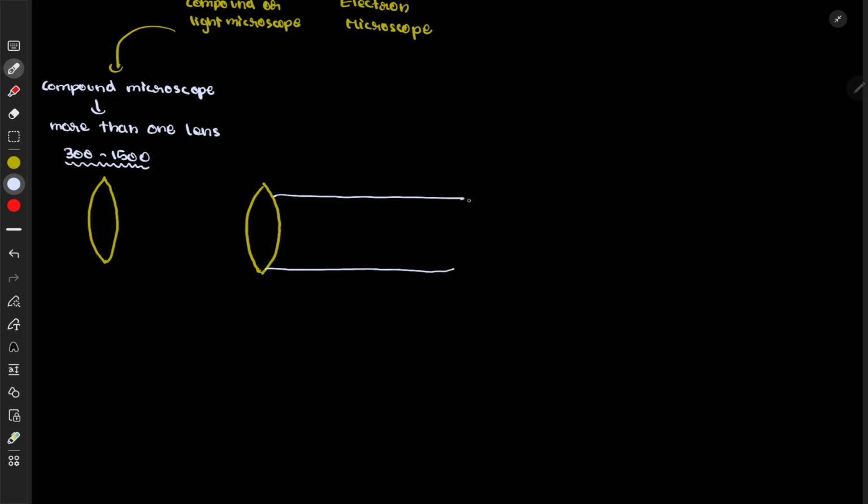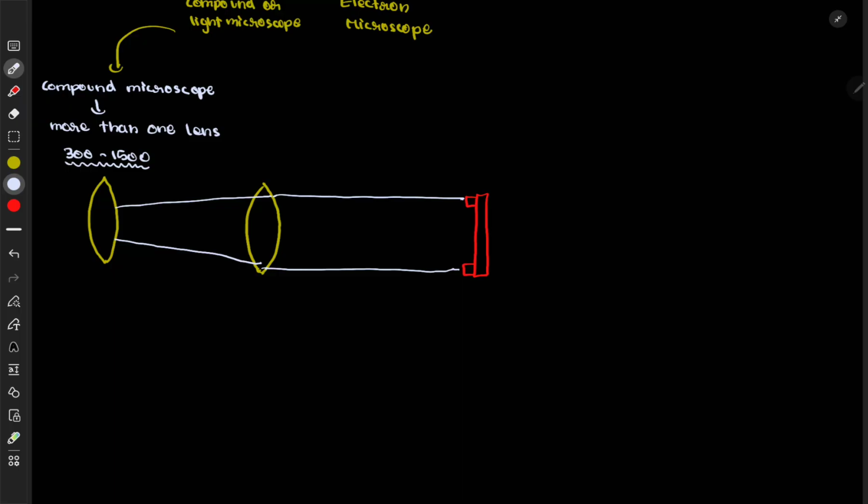Let's say the object has one light source over here and one over here, and you're getting two light rays. This convex lens will converge it to some extent, let's say like this.